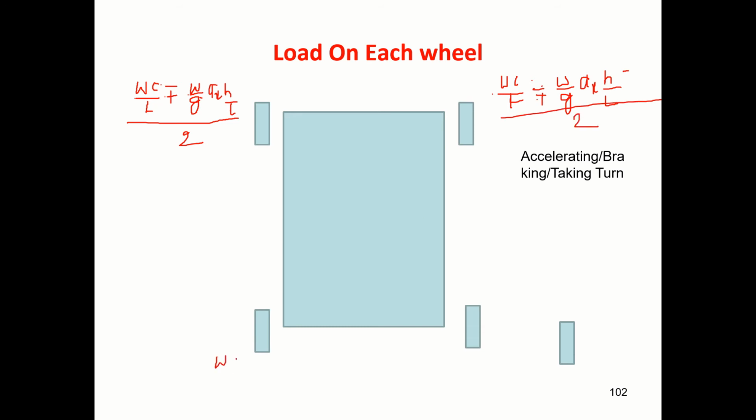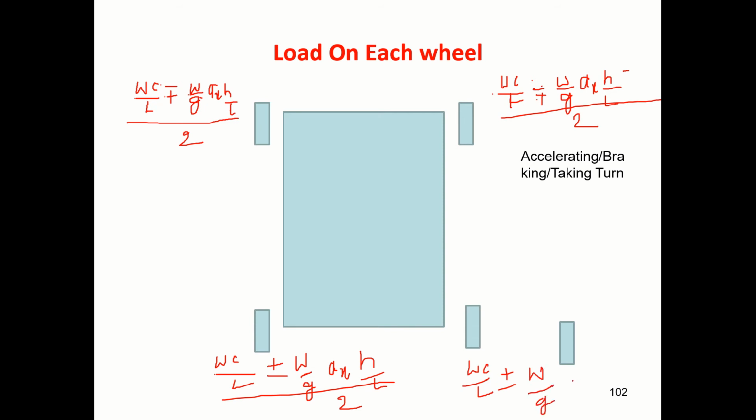Here it is WC by L plus or minus W by G AX H by L by 2, and WC by L plus or minus W by G AX H by L.